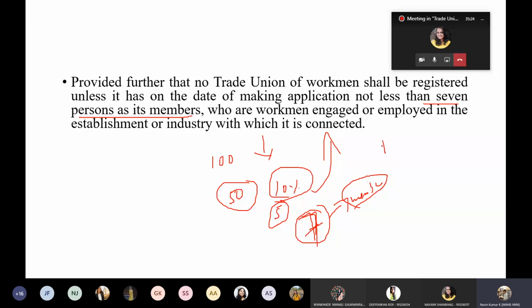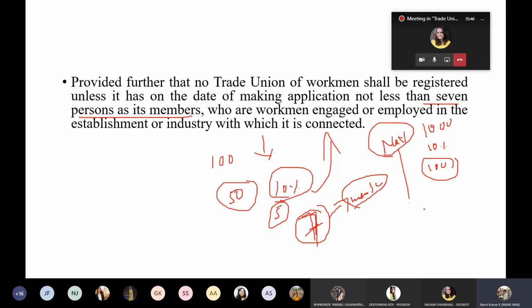In our example, Naomi wants to form her union. In the previous example there was no doubt, since there were 1,000 employees and 10% comes to 100, and it will satisfy almost everything.